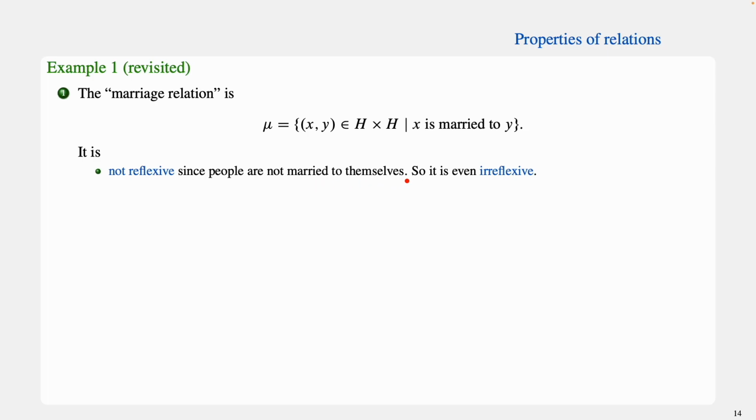In fact, it is even irreflexive because nobody is married to themselves. So X mu X does not appear in this relation. The relation is, however, symmetric, since if X is married to Y, it also means that Y is married to X.